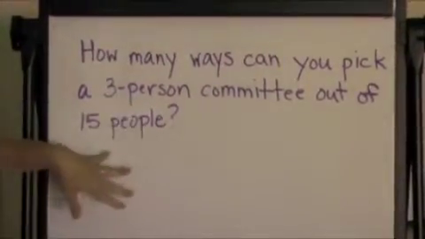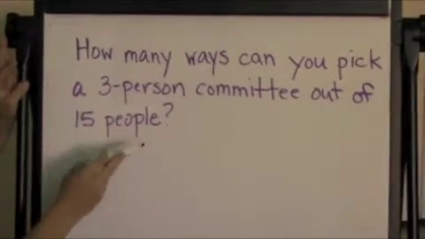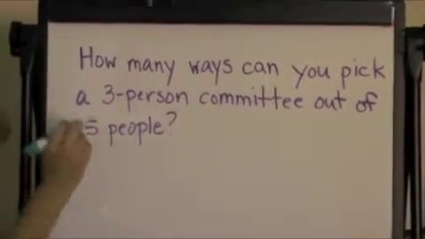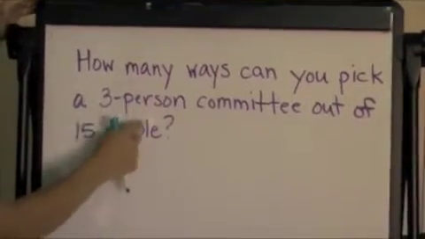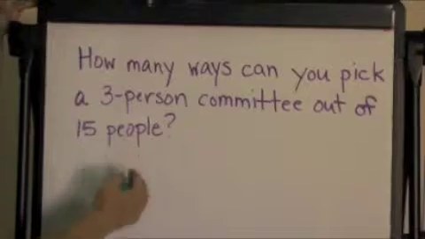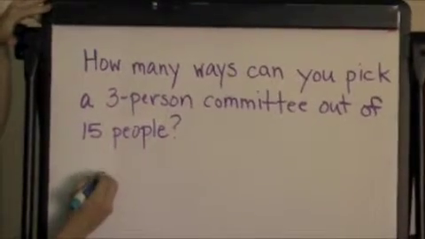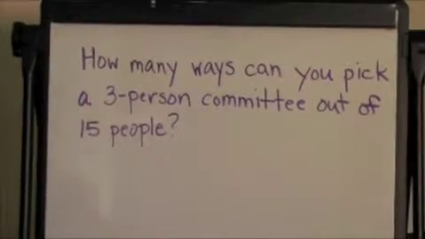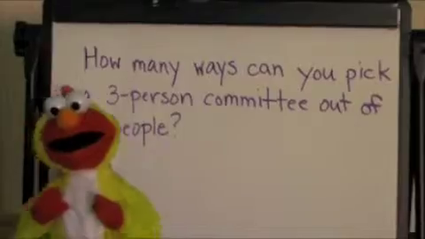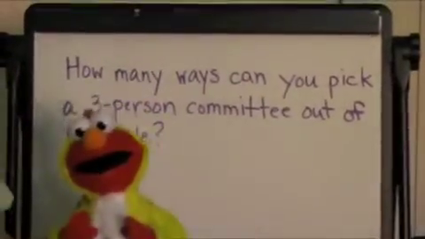Alright, here's an example of a common counting problem. How many ways can you pick a 3-person committee out of 15 people? You can tell that it's either a combination or a permutation because you're picking people out of people. And so to narrow down which type of counting problem this is, let's think about it. If we had 15 people and we chose Elmo, Mr. Potato Head, and Charlie Brown to be on a committee, you can get them.